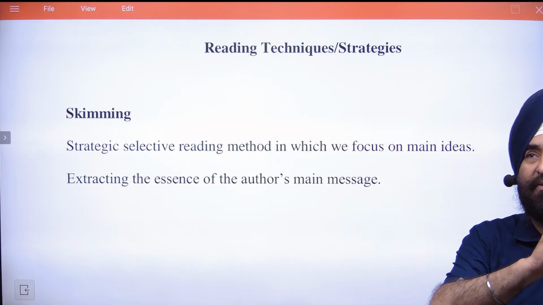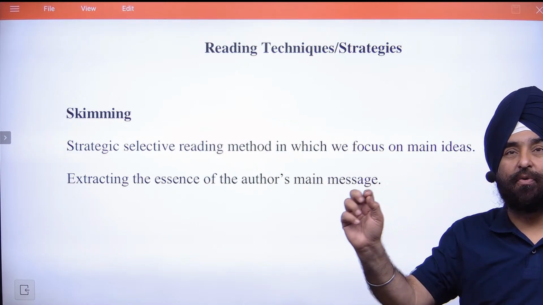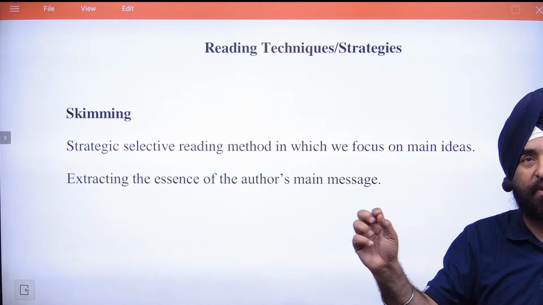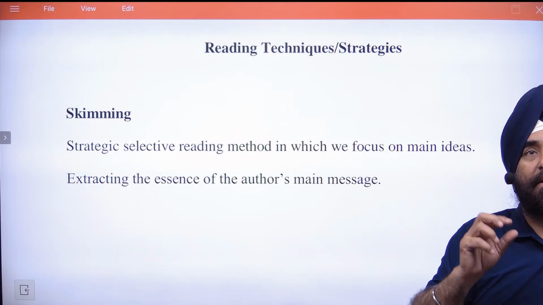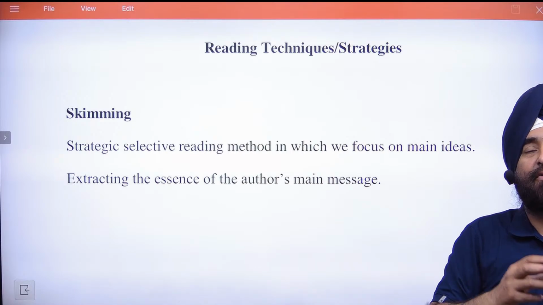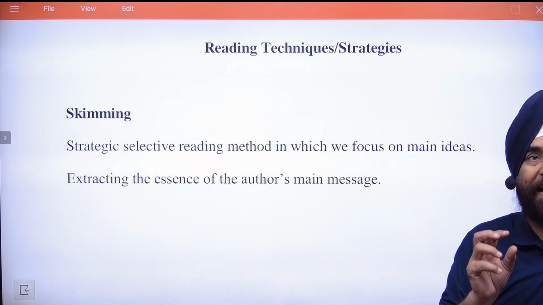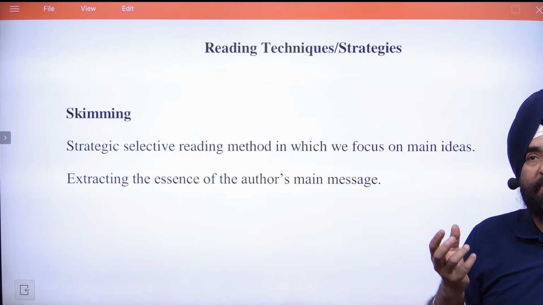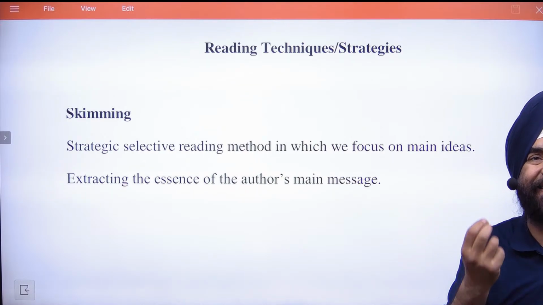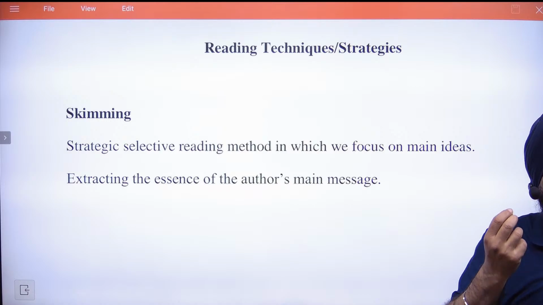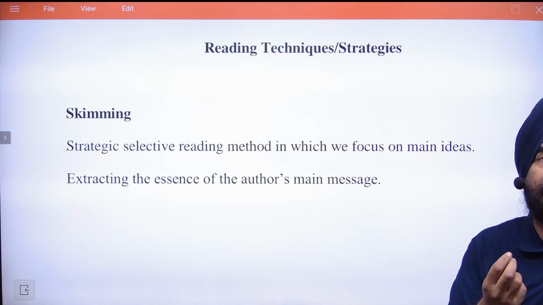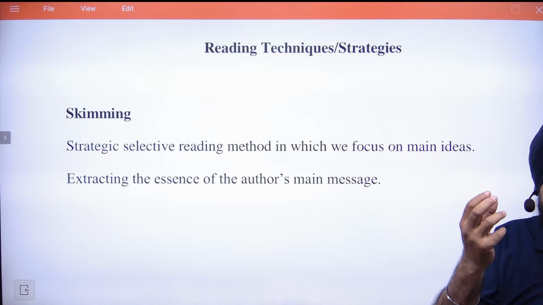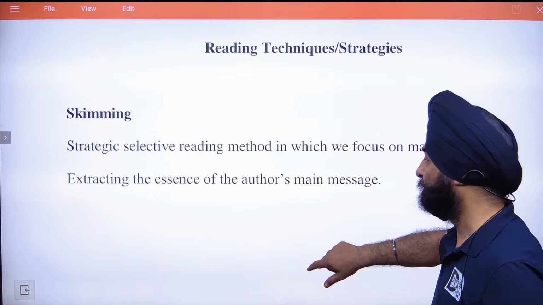Means, where we do not read the passage word to word or line to line. The idea is to focus on the main ideas of the passage. The basic purpose is to get the gist or get the essence of what is the message that the author is trying to convey, to extract that message basically.